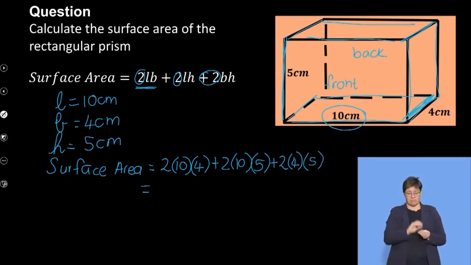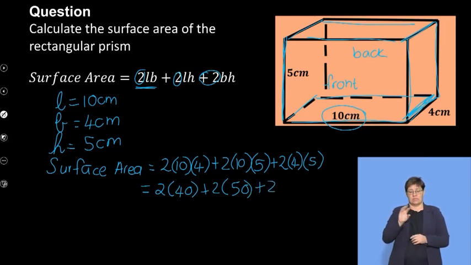So let's condense this a little bit more. I'm going to have 2 times 40 plus 2 times 50 plus 2 times 20. All that I've done is simplify the dimensions into one bracket because I know that 10 times 4 is 40, 10 times 5 is 50, and 4 times 5 is 20.